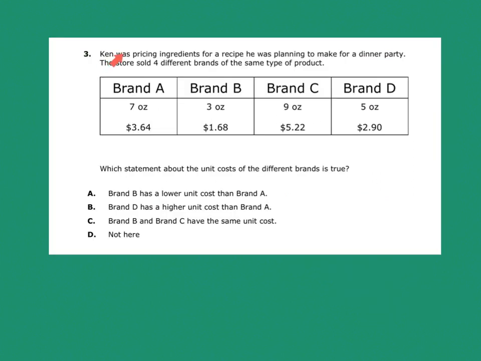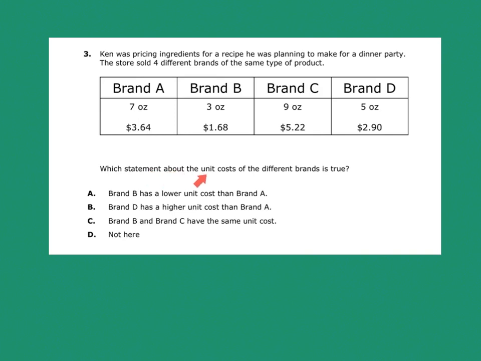Number 3, Ken was pricing ingredients for a recipe he was planning to make for a dinner party. The store sold 4 different brands of the same product. So we have basically 4 individual questions. 7 ounces cost $3.64. 3 ounces cost $1.68. 9 ounces is $5.22, and 5 ounces is $2.90.